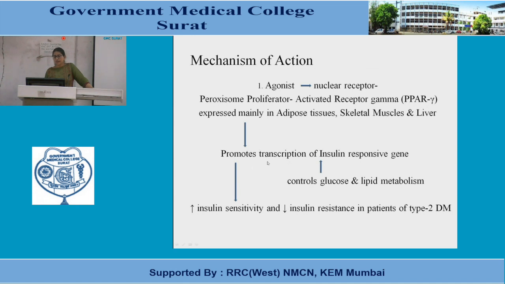What do they do? They promote transcription of insulin response genes. Why is promotion of transcription needed? Because it will control glucose and lipid metabolism, and this will lead to increased insulin sensitivity and decreased insulin resistance in patients of type 2 diabetes mellitus.